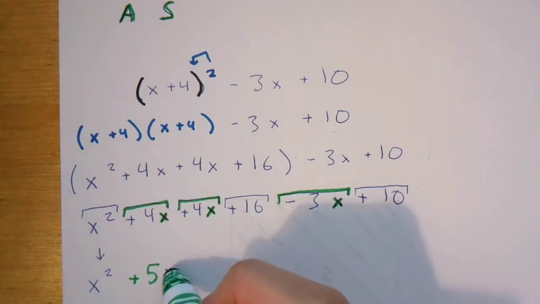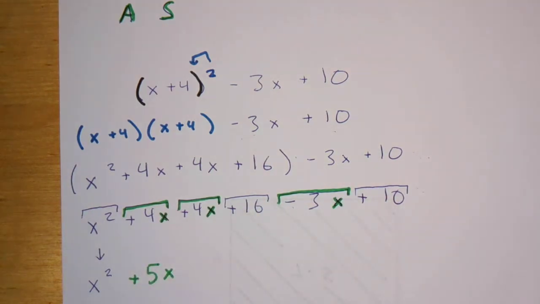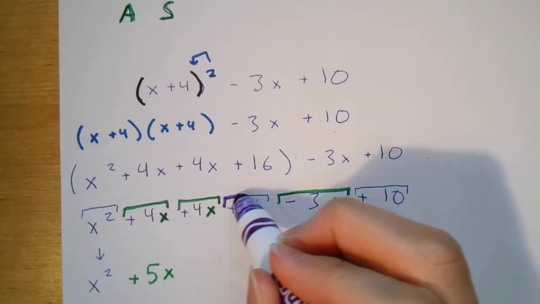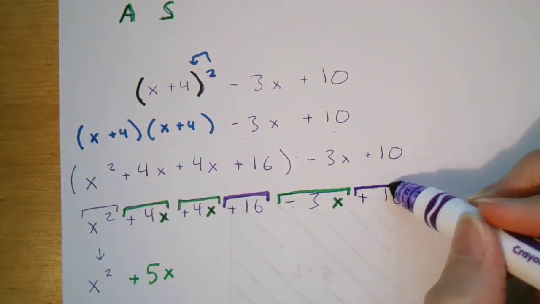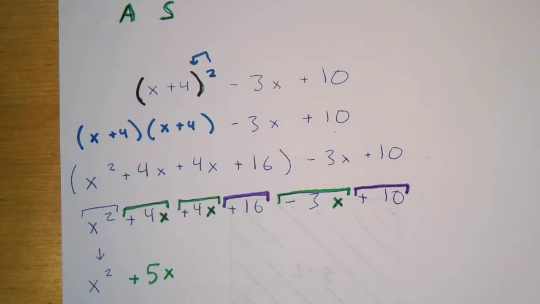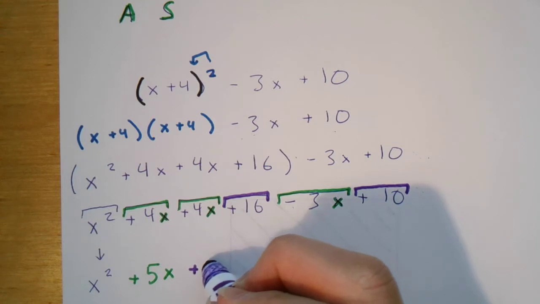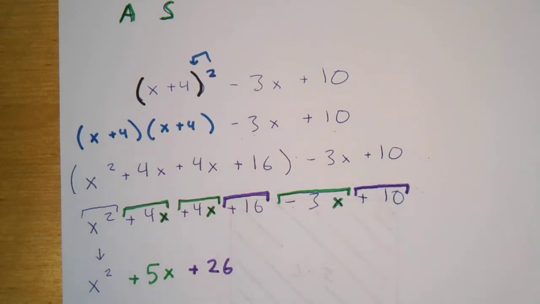And then I keep the same exponent. And over here, this number 16 can add or subtract with this one. So positive 16 plus 10, positive 26.